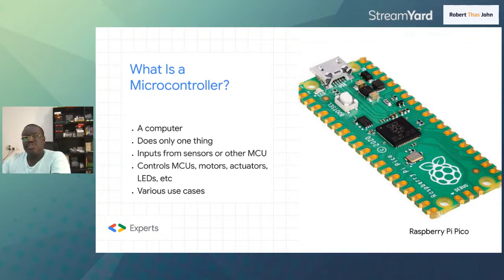A lot of the time you interact with microcontrollers as development boards. And on the screen, we have an example of a development board. It's easy to plug into a real computer. But you'll notice it doesn't have a keyboard, it doesn't have a mouse, it doesn't have a screen. It's meant for certain purposes like controlling other microcontrollers, controlling motors.